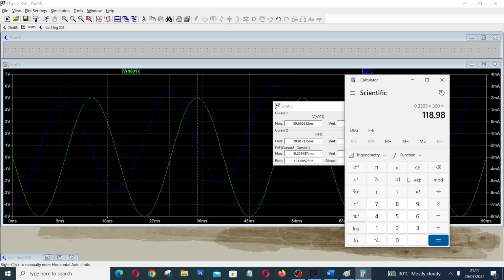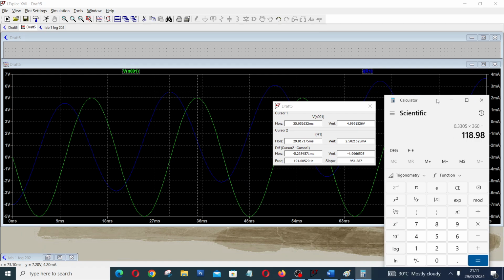The time difference is 0.005235 seconds, divided by the period 0.02, then multiply by 360 degrees, you get 94.23. That is our theta. So the angle that separates the two of them is 94.23 degrees.